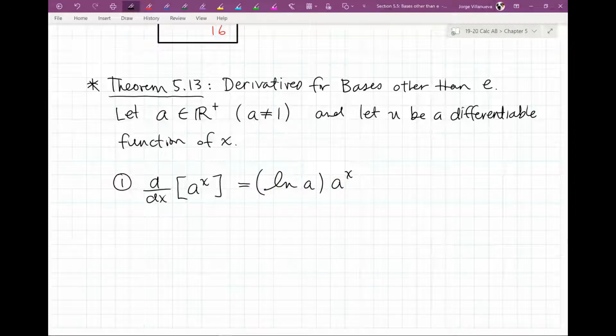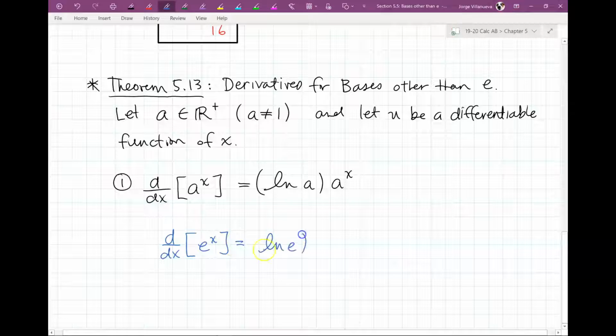Now I'll write this down and then I'm going to erase it, but I just want you guys to understand that this works for e to the x as well. Because according to the definition that they gave us, I'm supposed to write ln of e times e to the x. But what's ln of e? It's 1, so this is basically e to the x, right? Which is a definition I gave you in the last section.